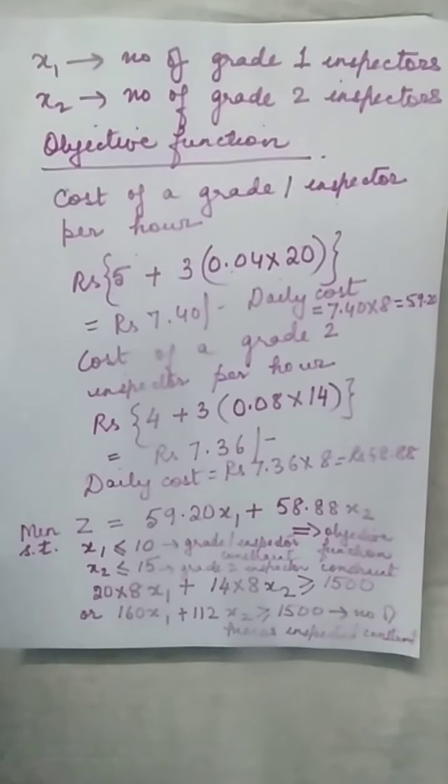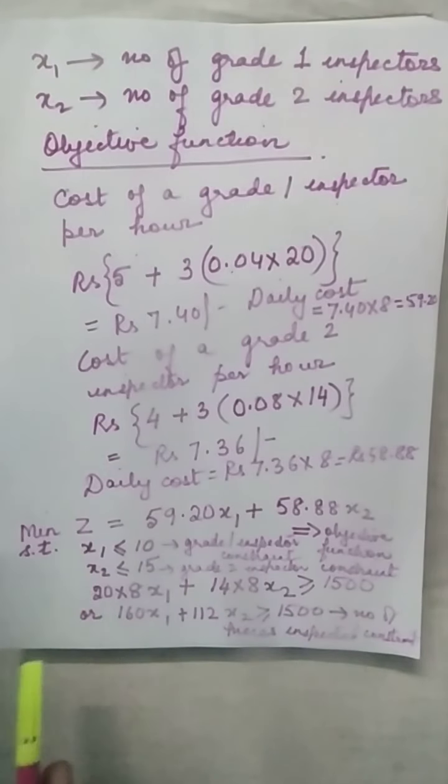So this is the formulation of the LP problem that we are currently looking at. Remember that if you are asked to formulate the problem, you don't have to solve it. You just have to show the model. This is one minimization problem that I have discussed in this video. In the next video, I'll be discussing a maximization problem, and after that we will move into solutions of linear programming problems.